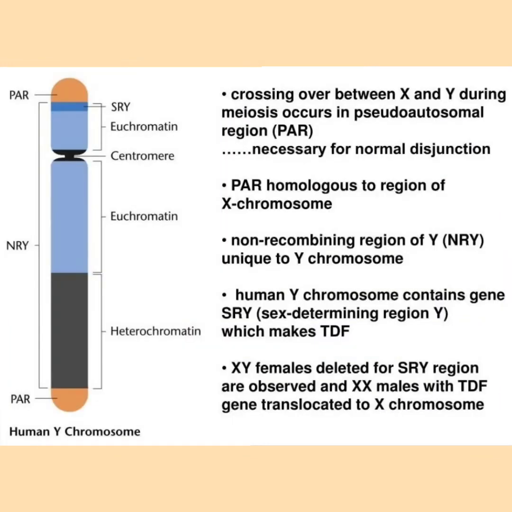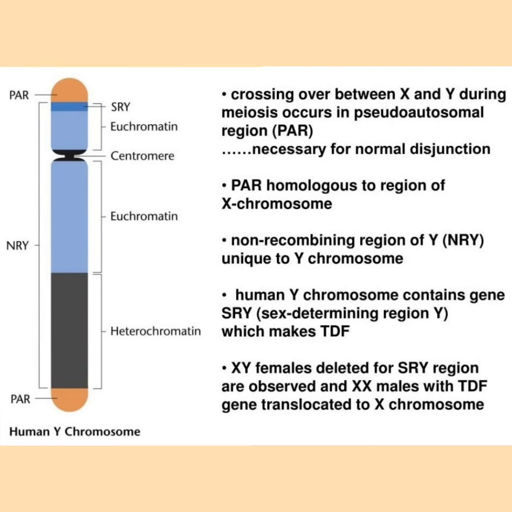Crossing over between the X and the Y during meiosis occurs only in the pseudo-autosomal region, otherwise PAR, necessary for normal disjunction. PAR is homologous to the region of the X chromosome. The non-combining region of Y, NRY, is unique to the Y chromosome.